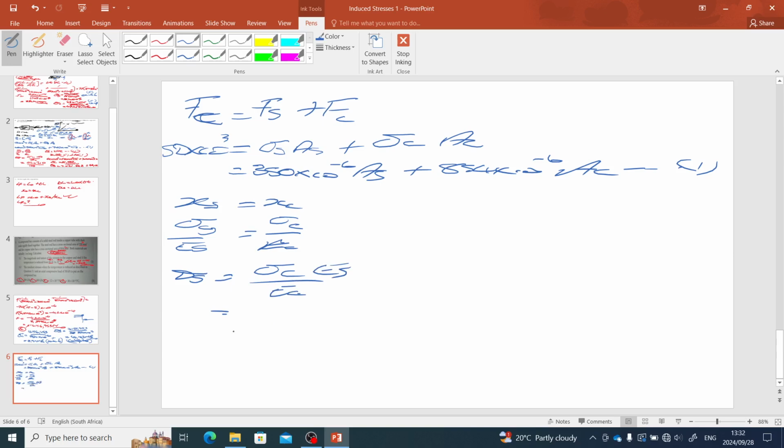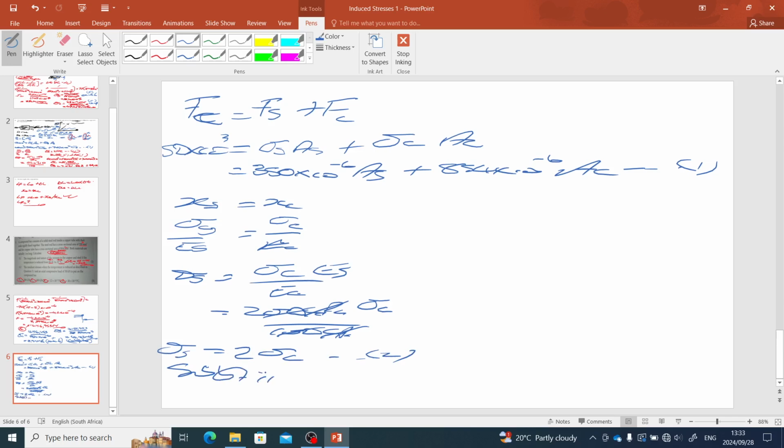Then we have 200 gigapascal Young's modulus for steel and 100 gigapascal for copper. The gigapascals cancel out and the zeros cancel out. Then we'll have 2 times stress copper. This would be our equation 2. Then we'll substitute equation 2 into the first equation.